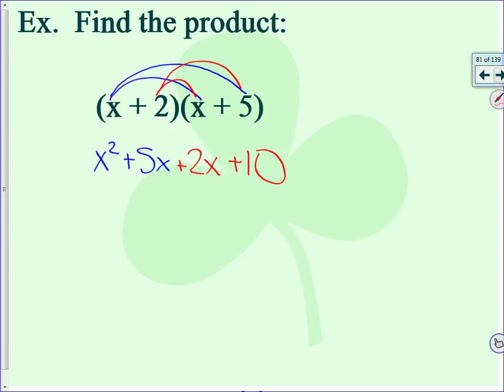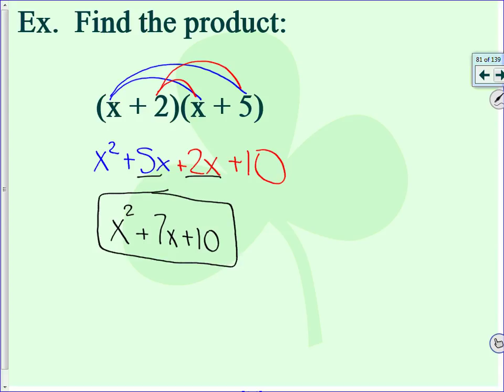Now, Isaac, is there any simplification which must occur? Okay. So these can be combined because they are like terms. So what's the final answer? X squared plus 7x plus 10. Right. Questions on that?